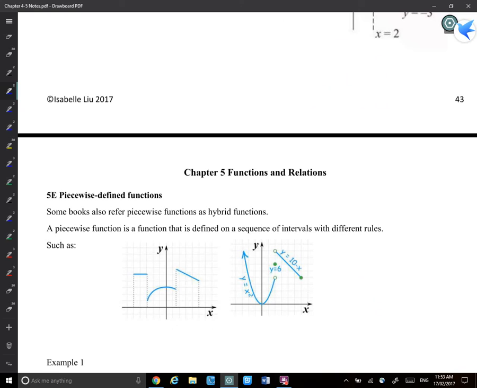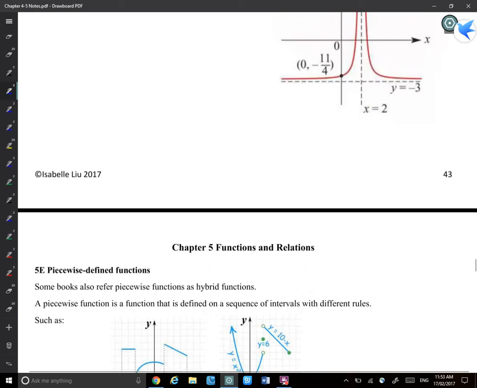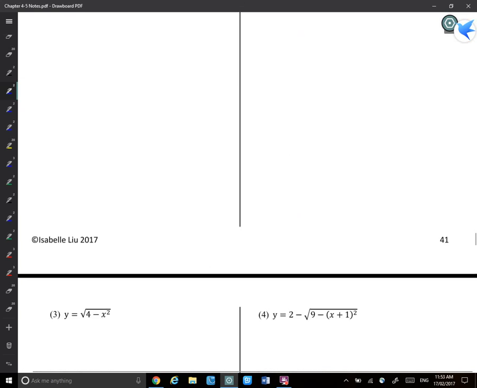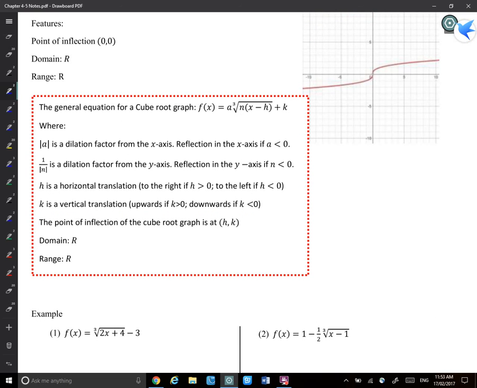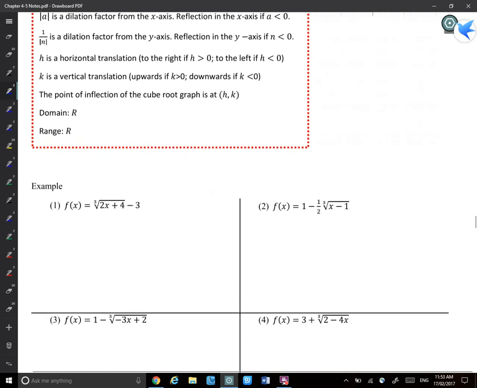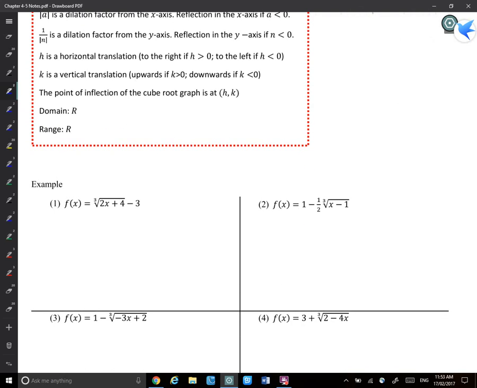I'll spend the rest of the week on 4E. Because A, B, C, D is revision from last year, I will go through that pretty quickly and emphasize 4E for you.